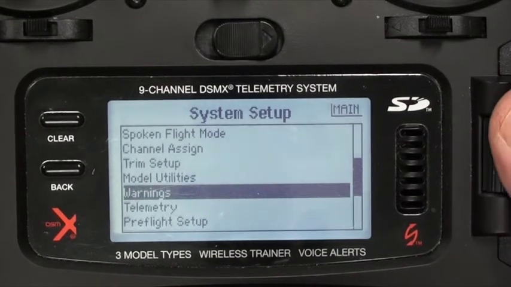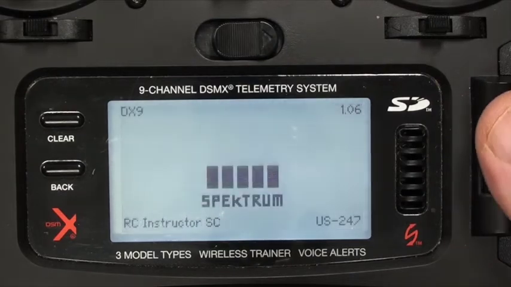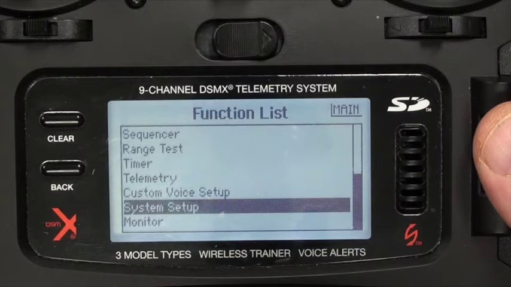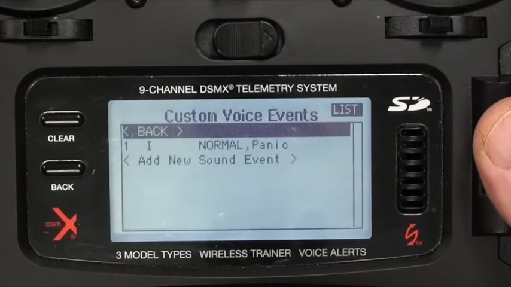Now I also would like to have the radio speak to me when I do that. So I'm going to do a second thing that says custom voice setup.